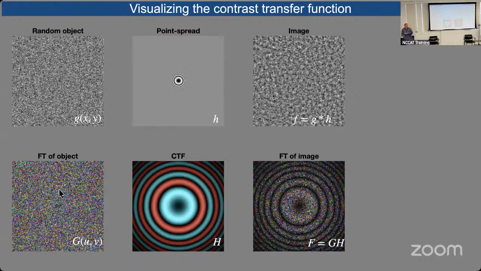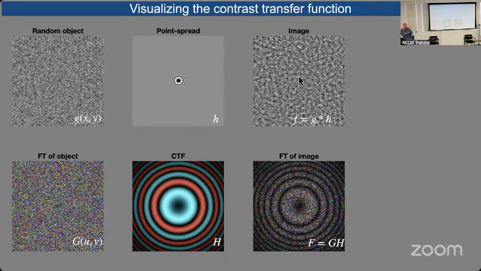We can take its Fourier transform, and we get this colorful thing because in general it's complex numbers. We multiply it by the CTF, which is all just real numbers, green, red, right? We multiply them together and we get the product, which looks like that.